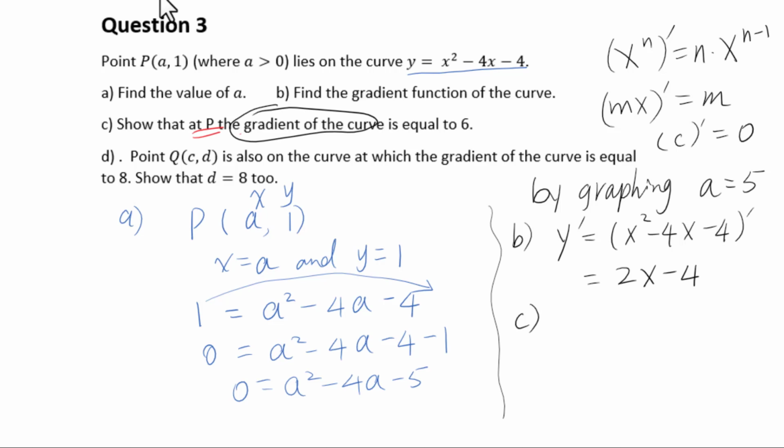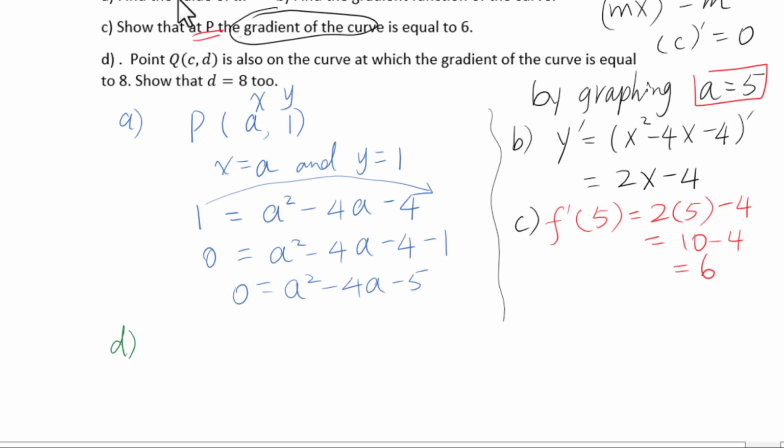At P, we know a equals 5. Therefore, f prime of 5 equals 2 times 5 minus 4 equals 10 minus 4 equals 6.